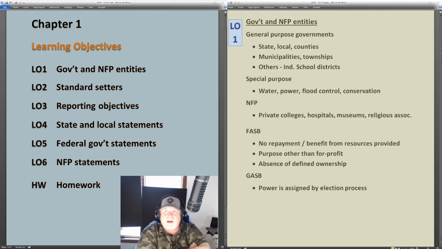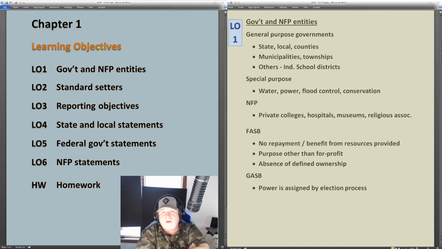If someone donates money to a college, or to St. Jude's, it's not that they're not expecting some benefit to happen, but rather that they're not expecting a benefit directly back to themselves. Whereas in a for-profit business, if you buy goods or services from a company, you're expecting to get those goods and services back to you directly.